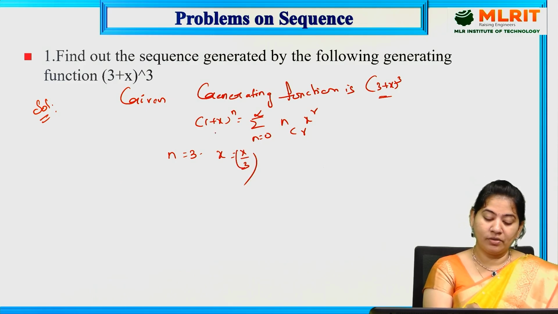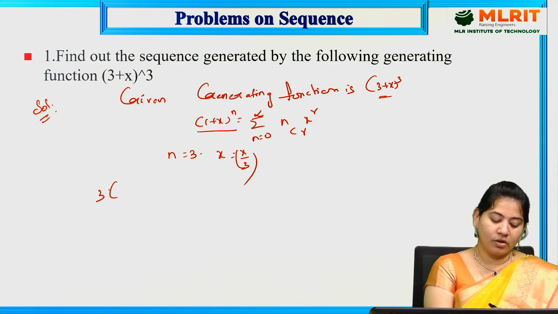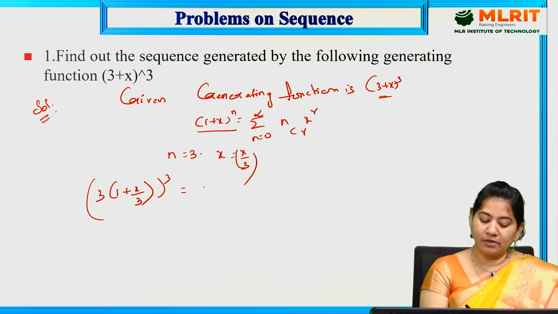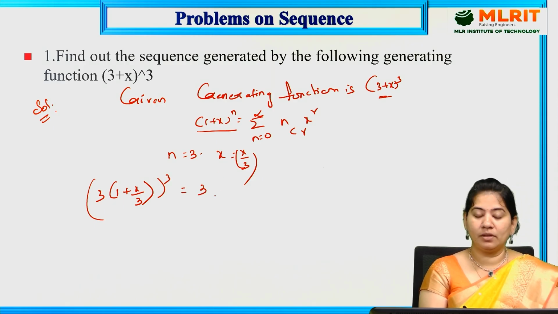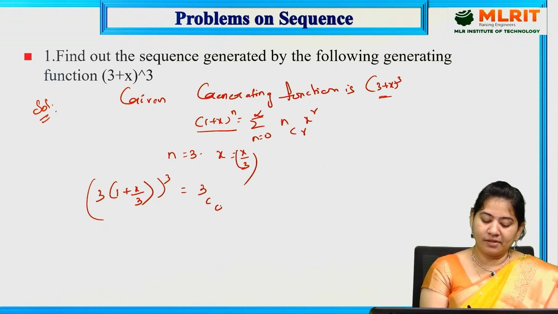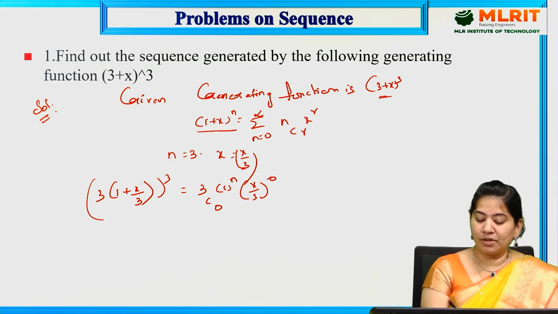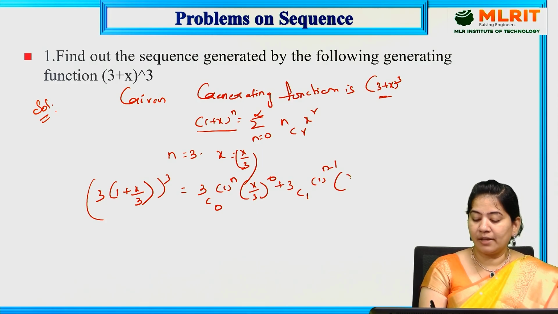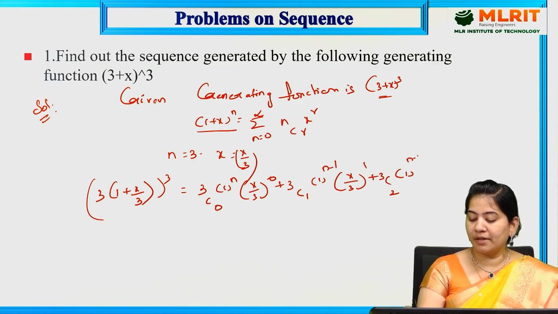Then write it down in the formula: 3 common, (1 plus x by 3) whole cube is equal to nC0, here 3C0, into 1 power n, and x by 3 power 0, and 3C1 into 1 power n minus 1 and x by 3 power 1. In the same way, 3C2 into 1 power n minus 2.